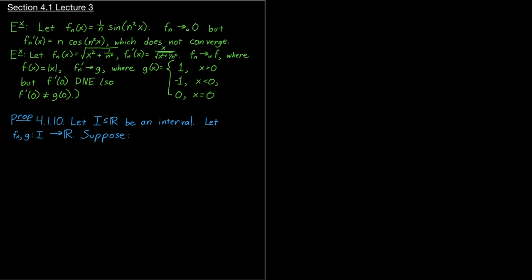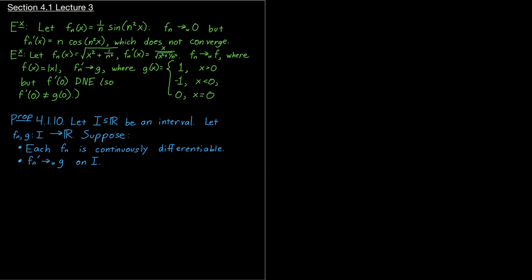First off, we need that each f_n is continuously differentiable. So not only does it have a derivative, it has a derivative that is continuous. And secondly, f_n prime is going to converge uniformly to g on our interval I.